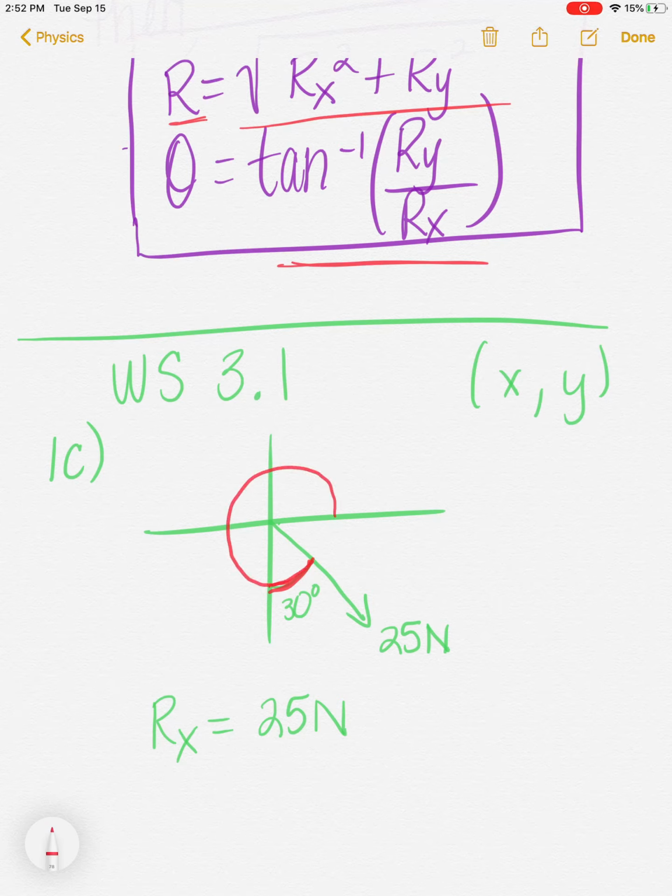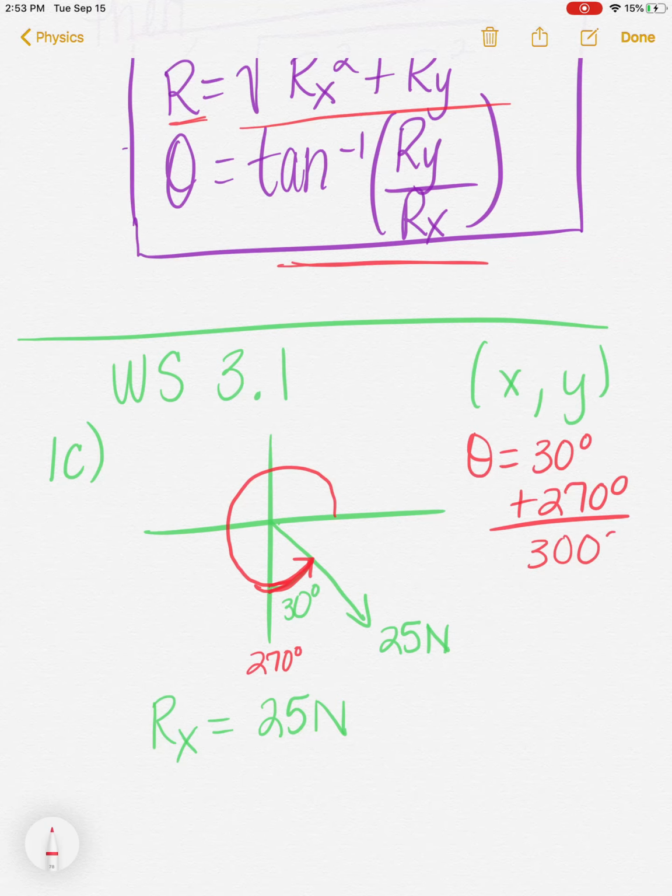We want to know what that angle is with respect to the unit circle. So we know that we're 30 degrees beyond the 270 degree mark. So my theta here is 30 degrees plus 270, which gives me a theta of 300 degrees.